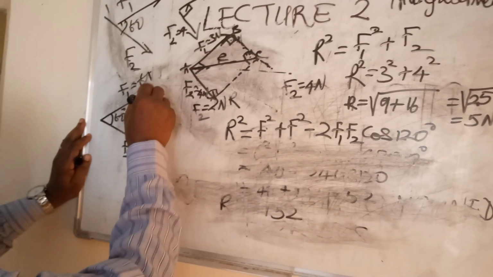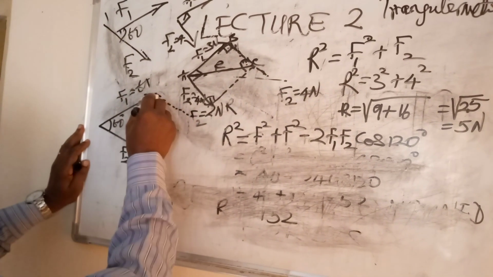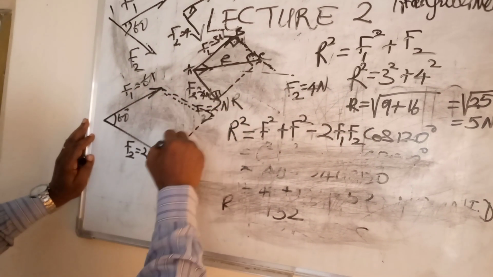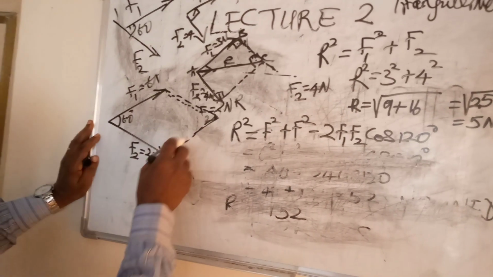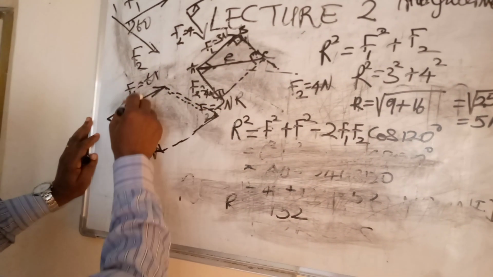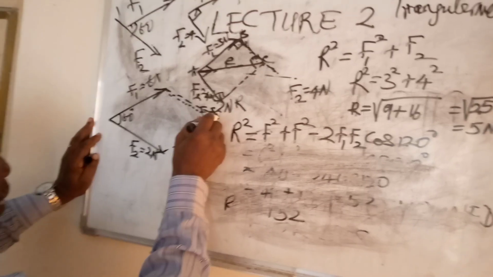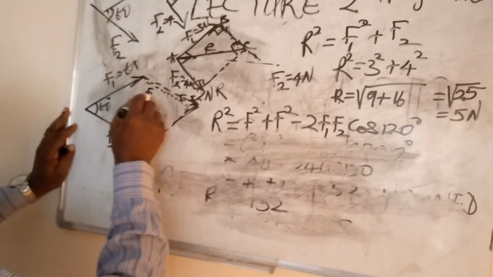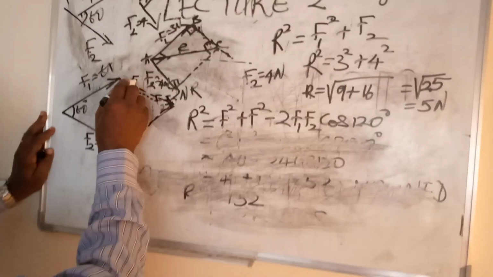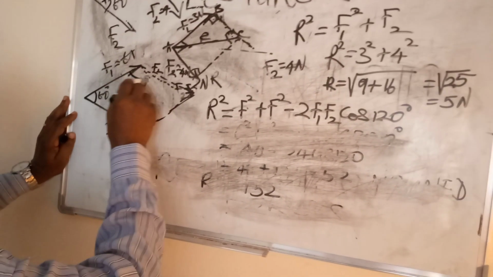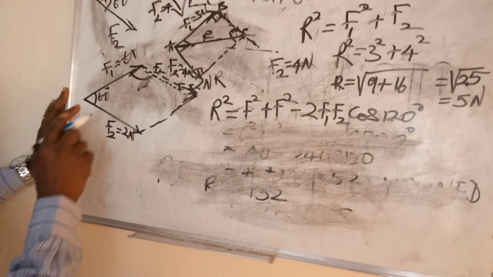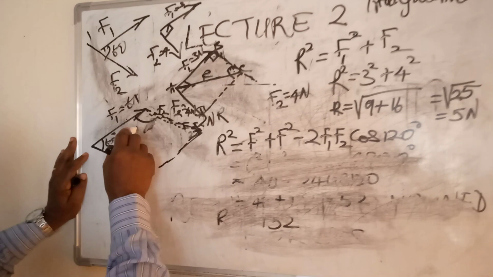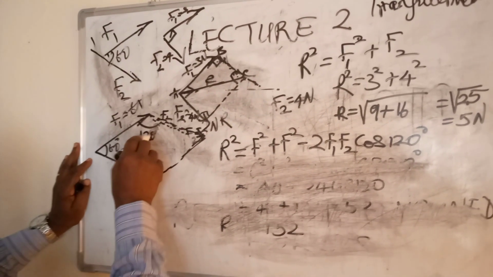So if we close this to form the parallelogram, we can extend this F2, so that this becomes F2. The angle between them here, if you subtract 60 from 180, you get 120 degrees.